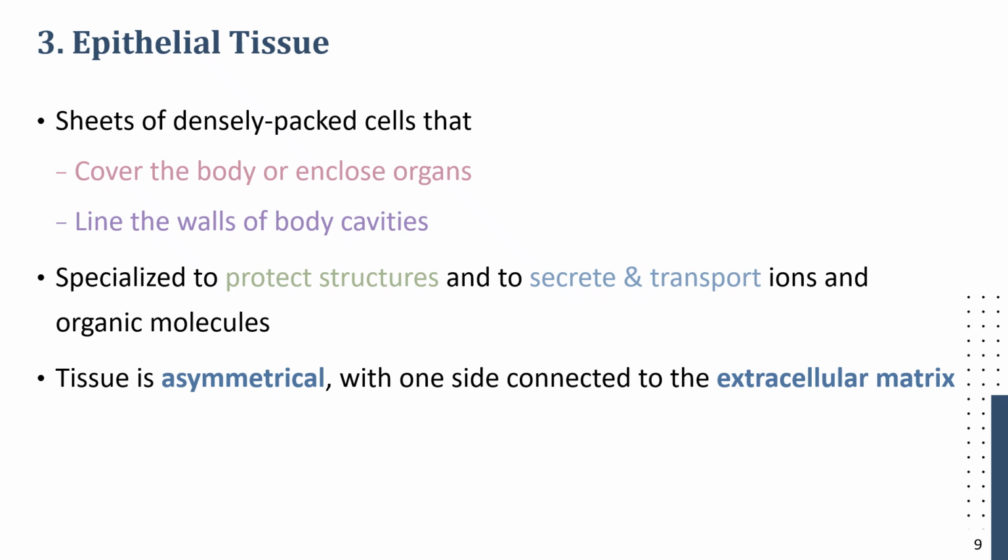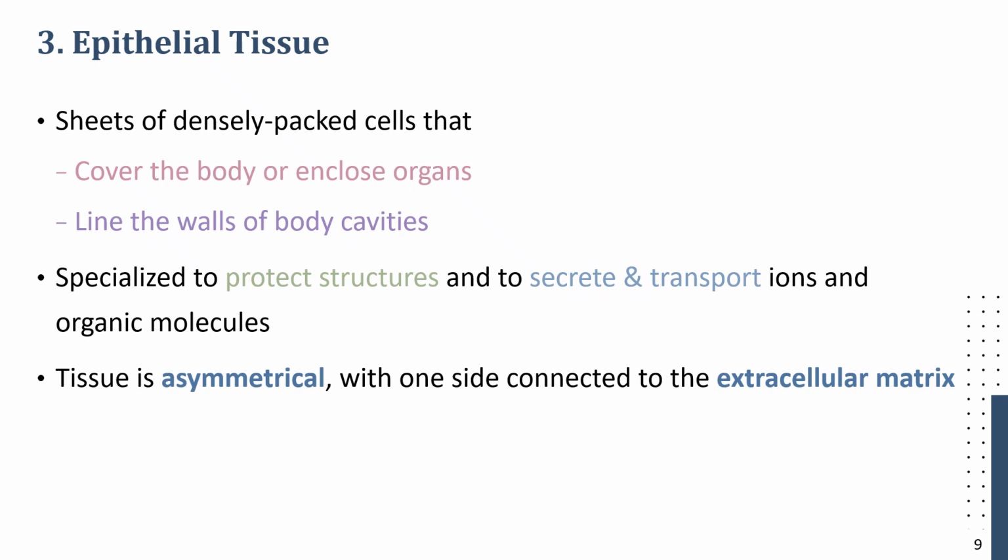In just a second, I'm going to show you an example of different types of epithelial tissue, and their general structure allows them to protect the structures that they enclose, and also to secrete ions and molecules, and to transport ions and molecules across a membrane, so through absorption.